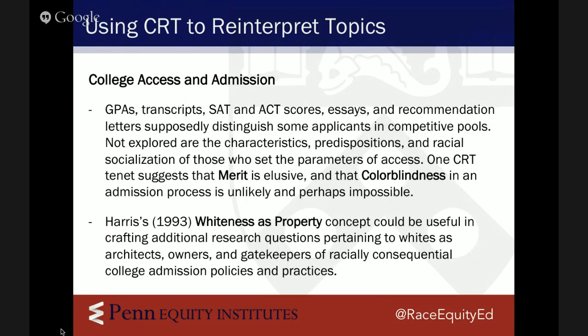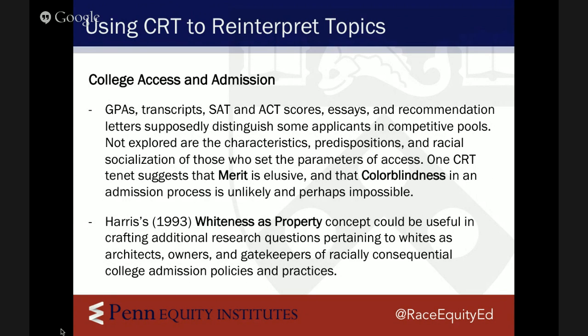Some other points that we make and some other examples that we give for how CRT can be used to reinterpret themes in the college access literature. So GPAs, high school transcripts, SAT or ACT scores, essays, recommendation letters, those things supposedly distinguish some applicants from so-called less qualified or less deserving others in competitive admissions pools.